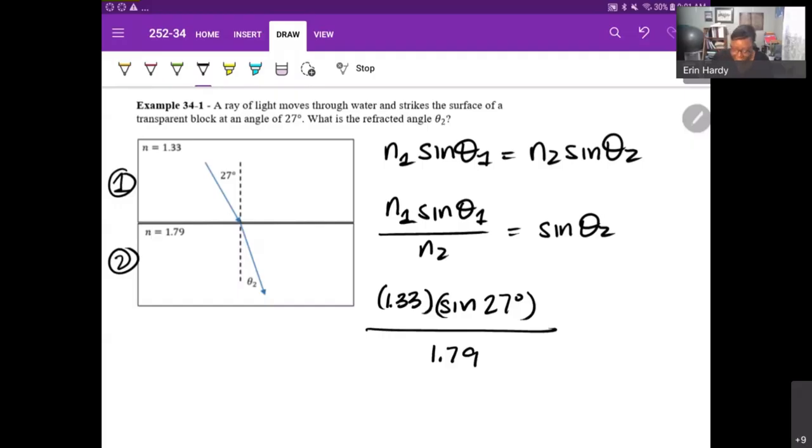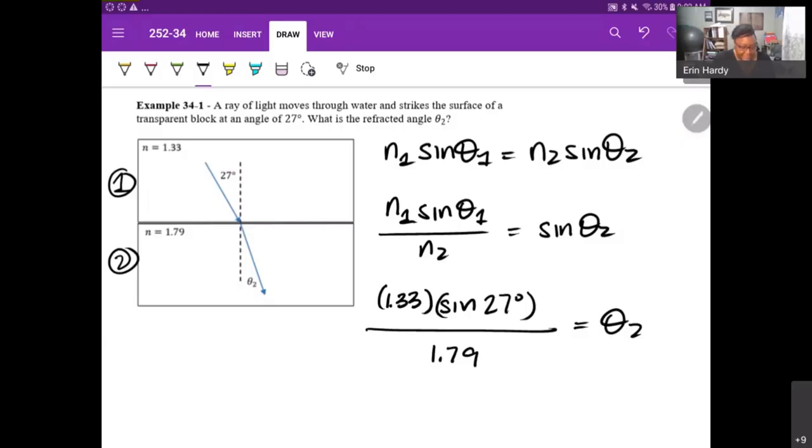There's a huge hint or clue here just in the diagram. It's not to scale, but we can see that theta 2 is smaller than theta 1, and we can confirm that it should be because 1.79 is greater than 1.33. So let's do this calculation, and let's make sure that we are in degrees, especially if you were working on wave optics previous to this.